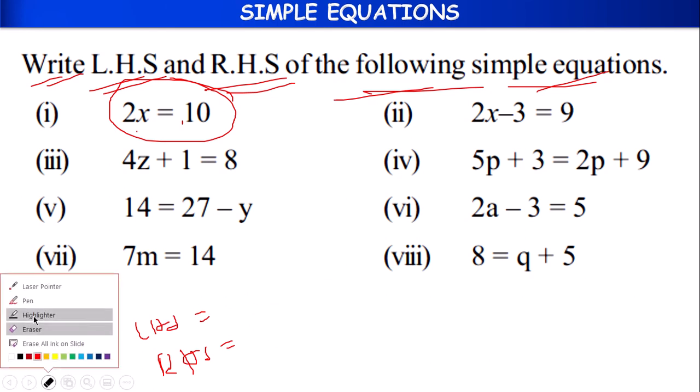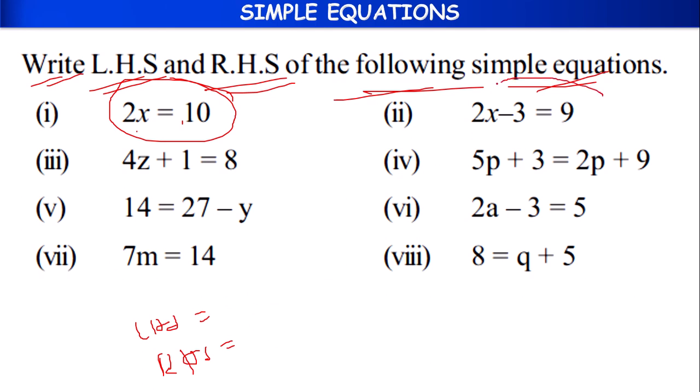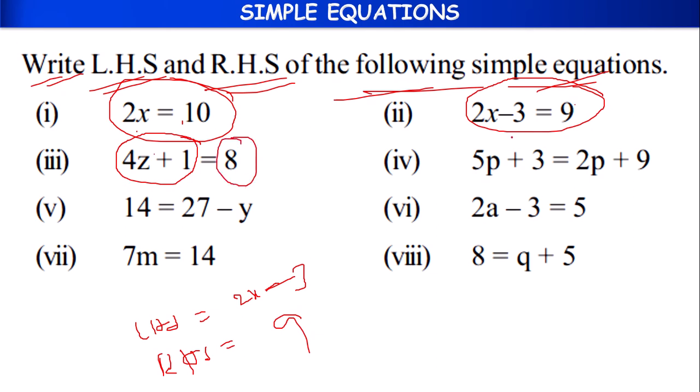If you see second question, 2x minus 3 equal to 9. What is LHS? LHS equal to 2x minus 3. What is RHS? 9. What about third question? LHS 4z plus 1, RHS 8. LHS 5p plus 3, RHS 2p plus 9.